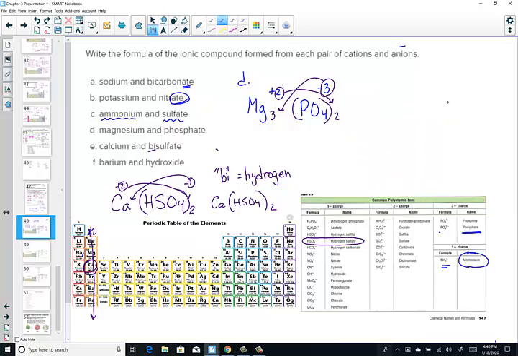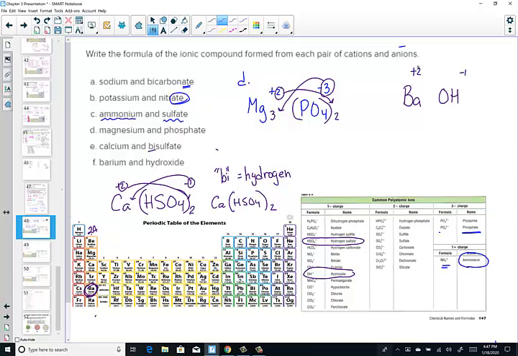And we have one more in this unit. It's barium and hydroxide. Now, barium is an element found in group 2A. Therefore, I know it will form a +2 charge when it loses its two electrons. Hydroxide, right here, the polyatomic ion hydroxide is OH, and it carries a net -1, an oxygen bonded to a hydrogen with a net -1.